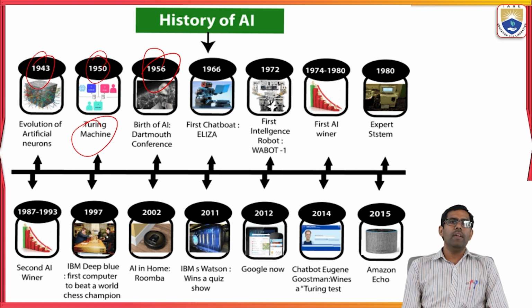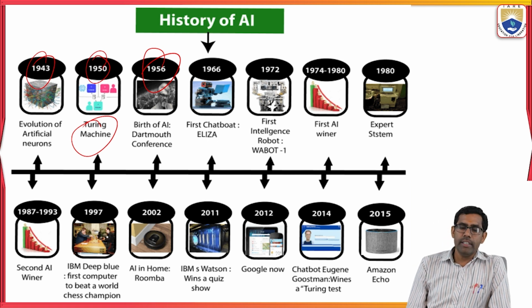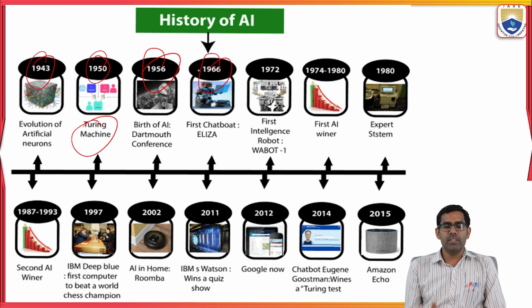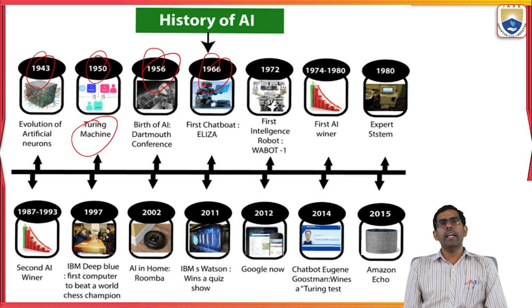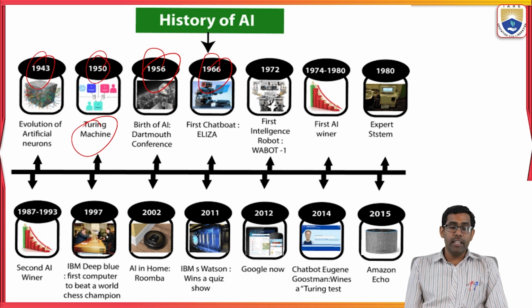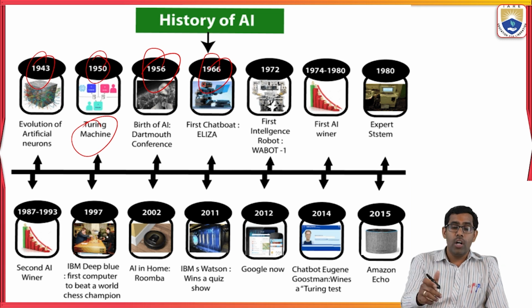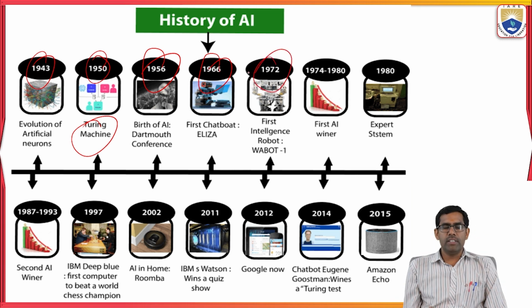The next one is 1966, the first chatbot, Eliza. Everyone knows Eliza was the first robot designed, with its own thinking power, and it did some work and solved some problems based on our instructions. That is 1966. Next is 1972, the first intelligent robot. It was established.